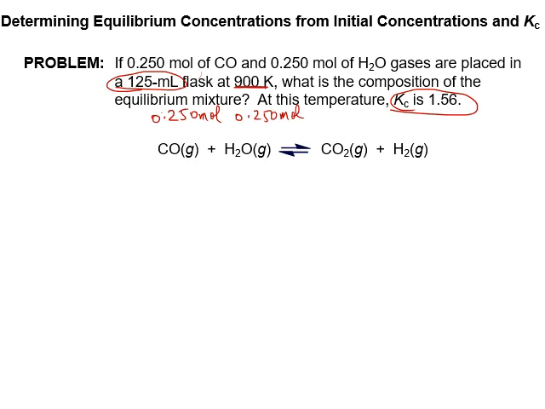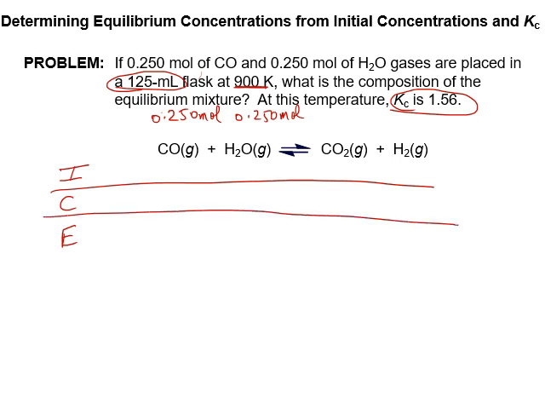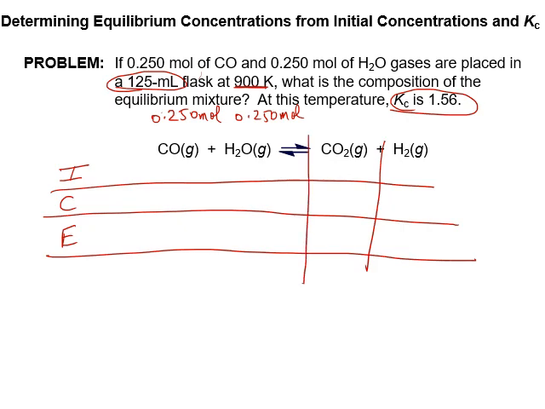Okay, so again, if I need to find what is present at equilibrium, there's no other way but to make an ice table. So I will have to make initial, change, and equilibrium. All of these are gases, which means all the components will be included in my ice table. And now we just solve for each of these. How?